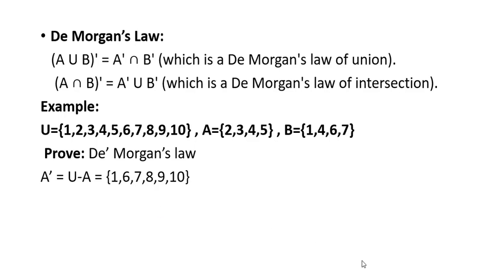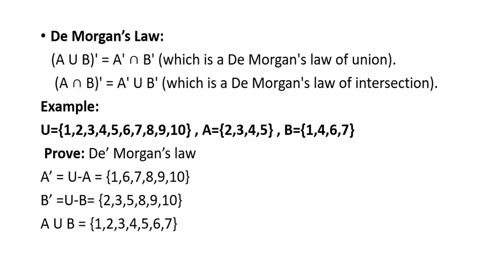Same as we are going to calculate B complement. For B complement, I just subtracted the members of set B, which are 1, 4, 6 and 7, from the universal set, and the answer that I got is 2, 3, 5, 8, 9 and 10.